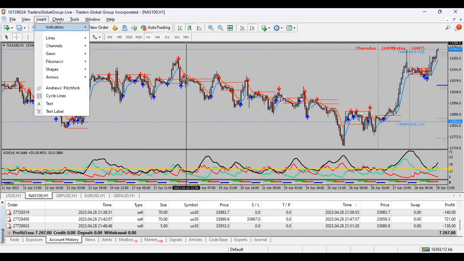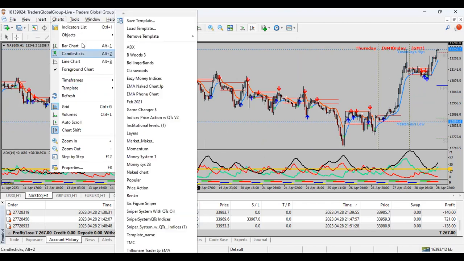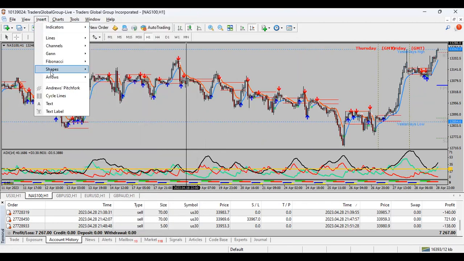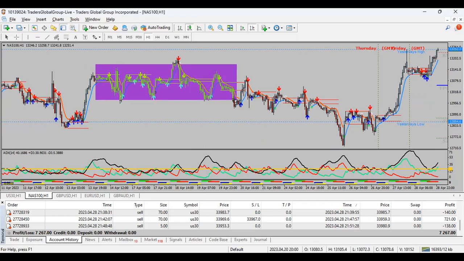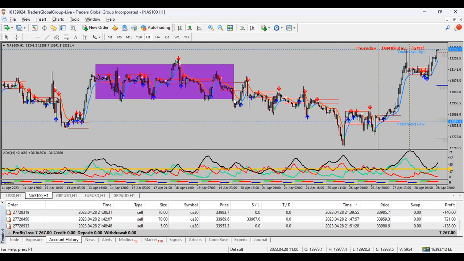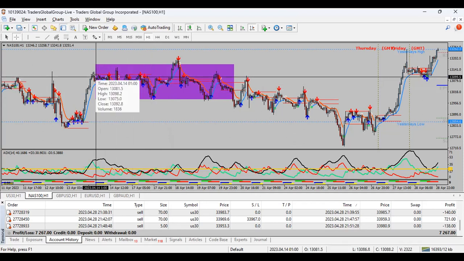So the previous week, I had boxed off this area for my students that had a lot of consolidation in the market. If you look at where NAS was at a standstill, there was no real movement.